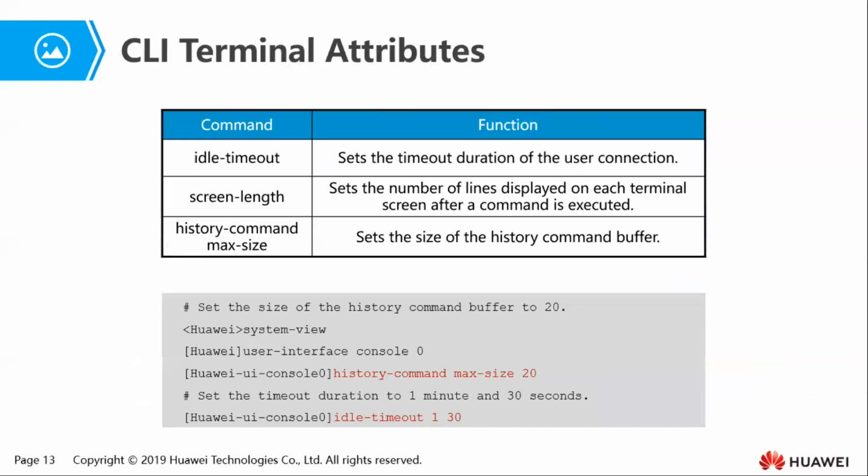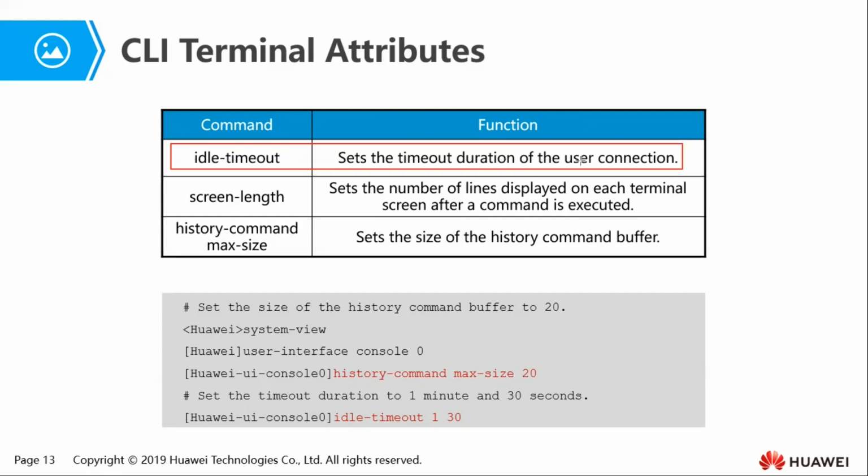Okay, so let's look at some of the other attributes for CLI that can be used to extend its features or security. One of them is the idle timeout. This sets the timeout duration of the user connection. For how long can your SSH or Telnet interface be inactive before the connection is terminated?